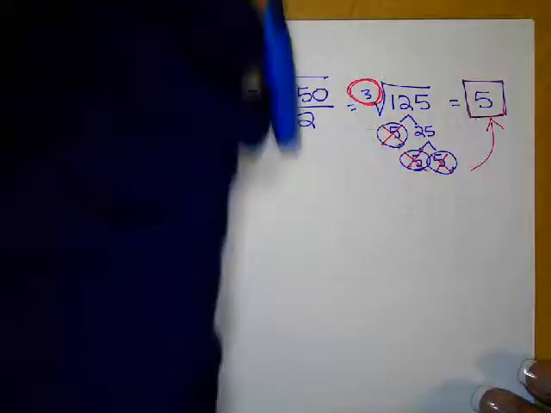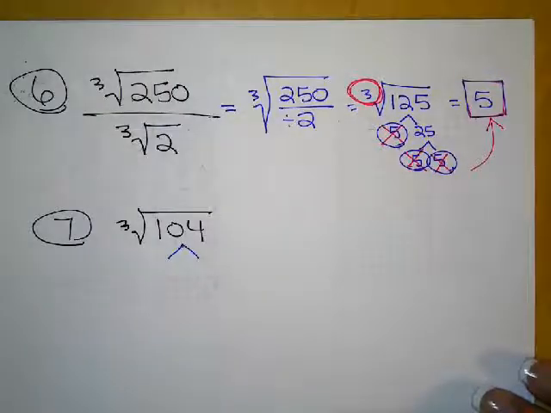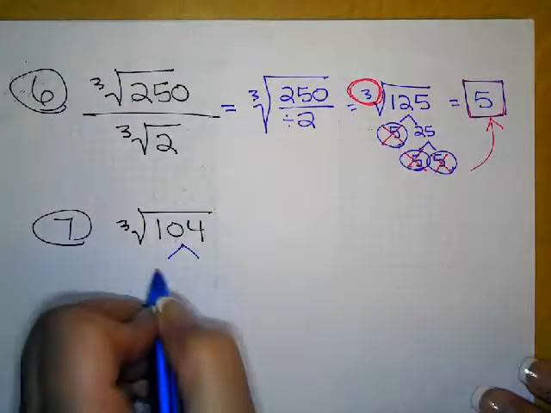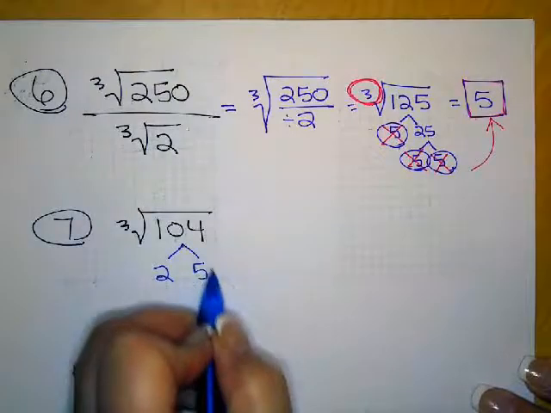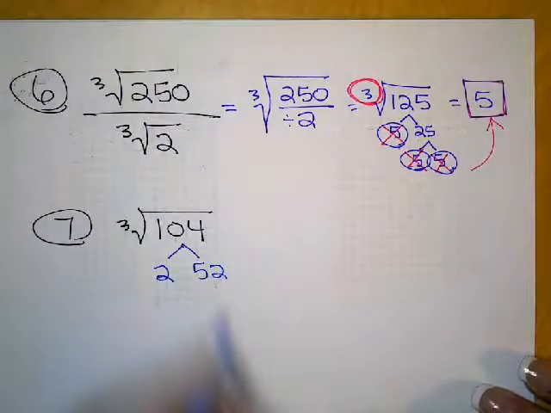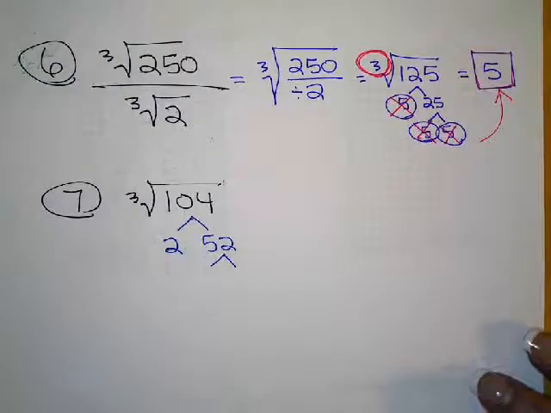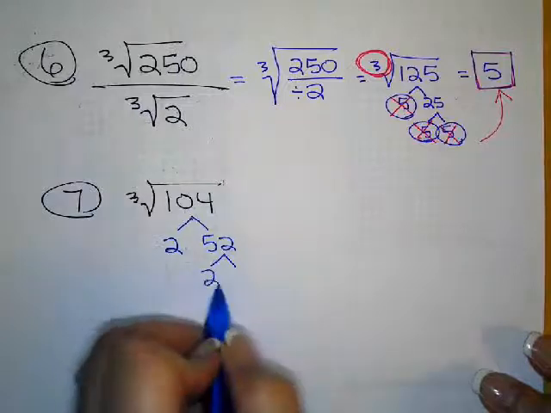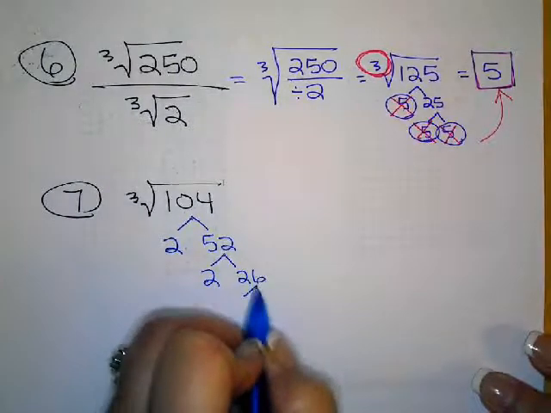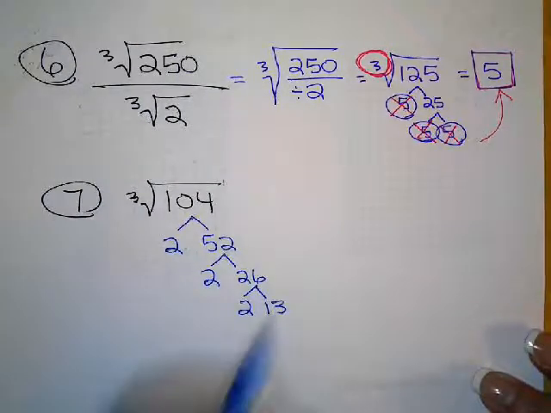So that would be 52. Breaking down 52. All right. 2 and 26. 2 and 13. I hear you saying 2s, so I'm going to do 2s. 13 doesn't break down, does it? No. So these are my factors.